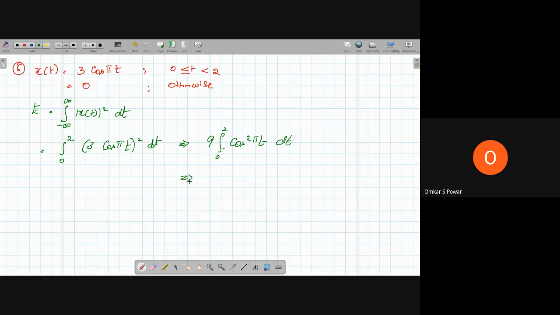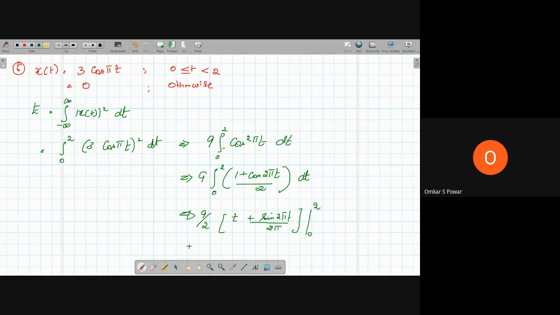How can you simplify this? 9 into integral 0 to 2 of 1 plus cos 2 pi t by 2 dt, then 9 by 2 outside, integral of 1 is t, integral of cos theta is sin theta, so it's sin 2 pi t by 2 pi, from 0 to 2.